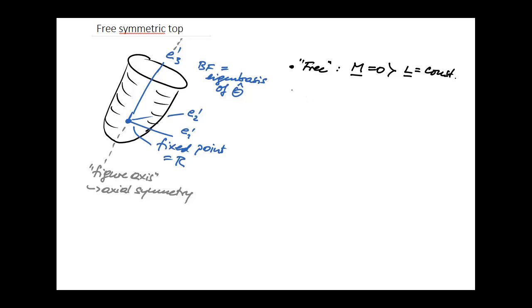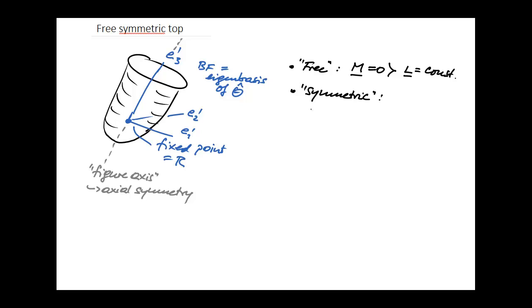And symmetric means, in particular, symmetry around this figure axis spanned by basis vector E3 prime. Symmetry implies that two of the three eigenvalues of the moment of inertia are equal.